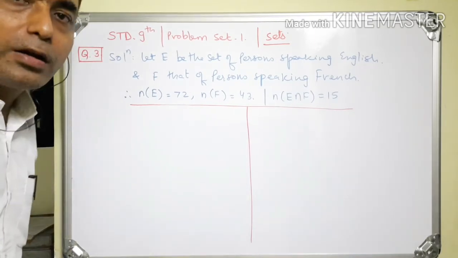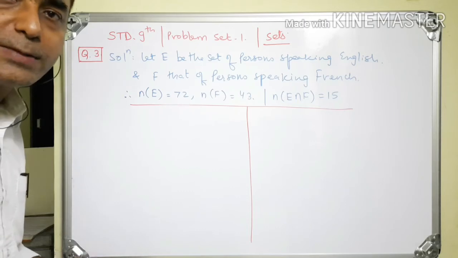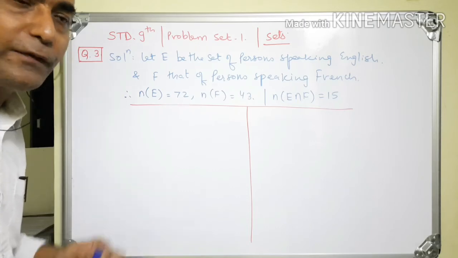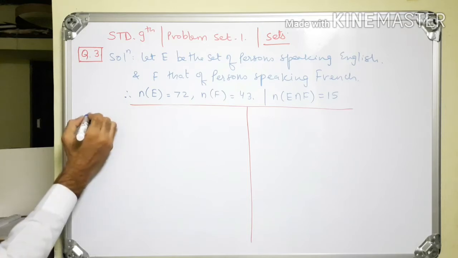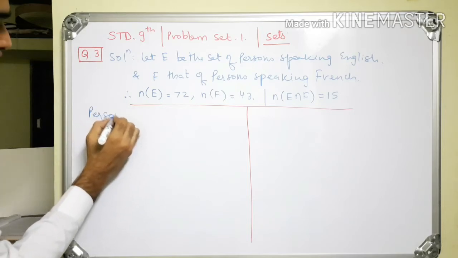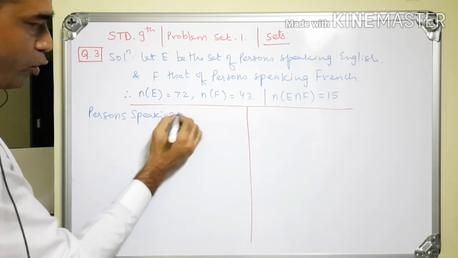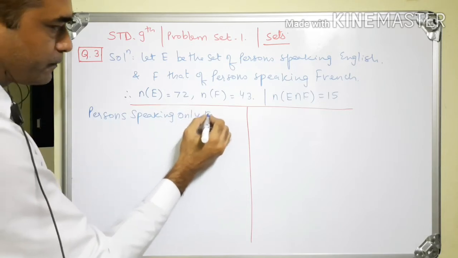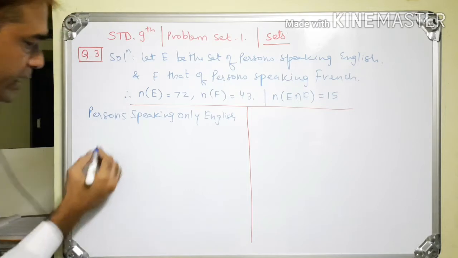Now we have to find how many persons speak only English and how many persons speak only French. So, persons speaking only English, how will you find that?